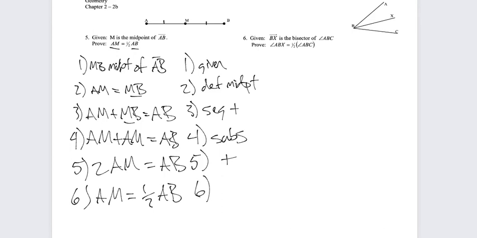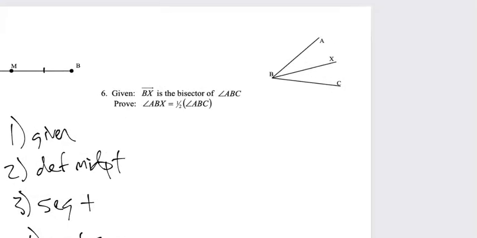And that's what's going to happen when I divide by 2. So just try and figure out a way to get to the answer that you're supposed to get to, that thing you're supposed to prove.